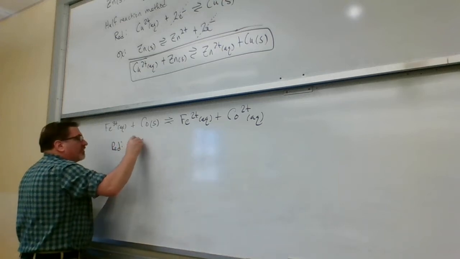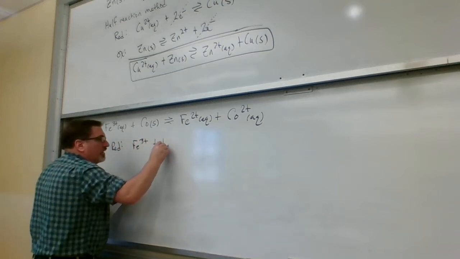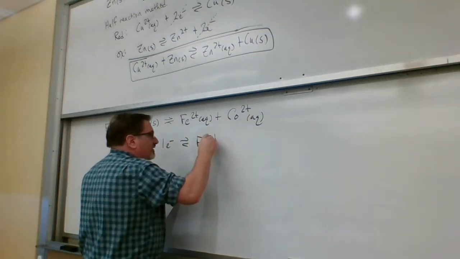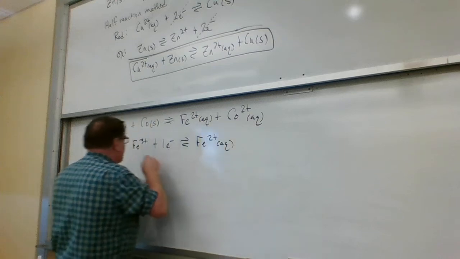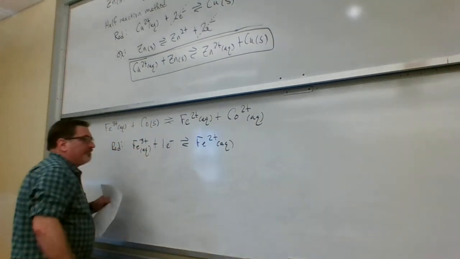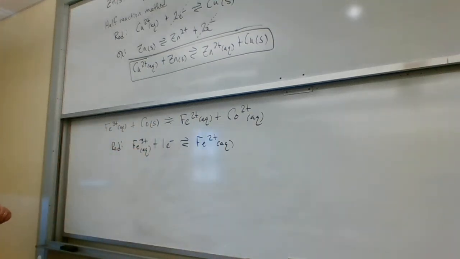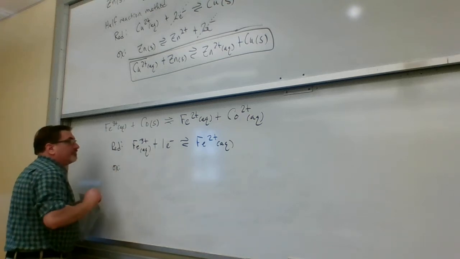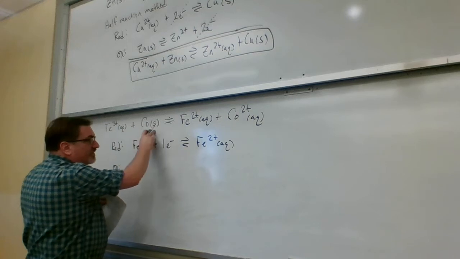So Fe3+ plus 1 electron in equilibrium with Fe2+. Both of those ions are aqueous. That's our reduction half reaction. And we write the same kind of thing for the oxidation part. Cobalt's being oxidized from 0 to 2+.